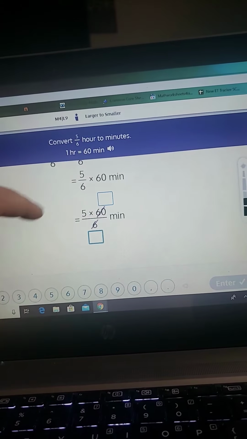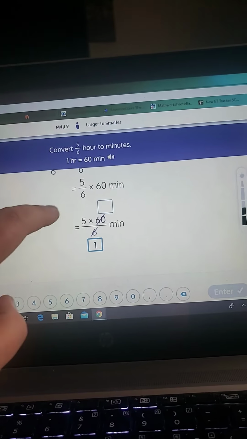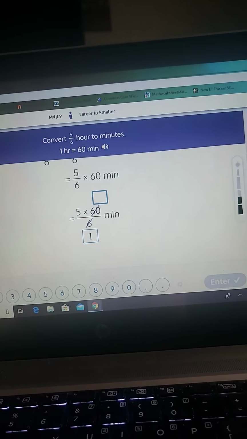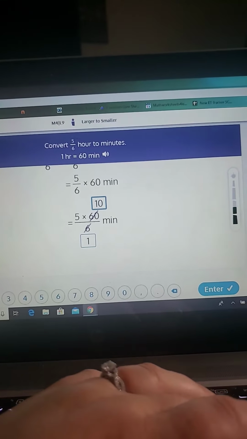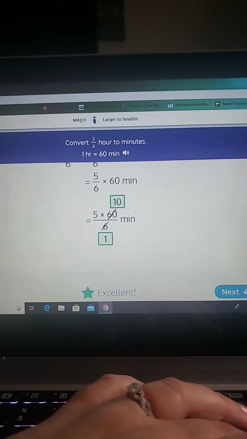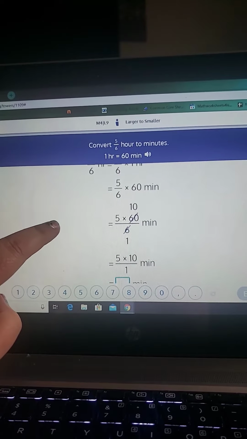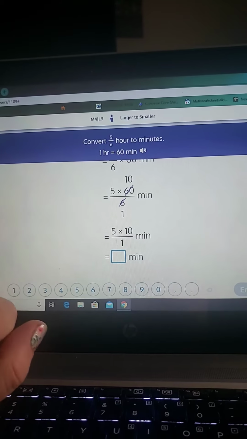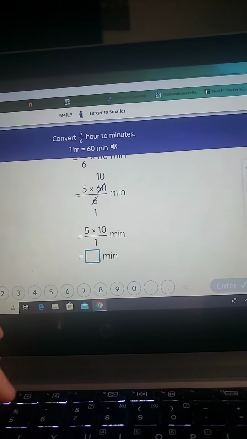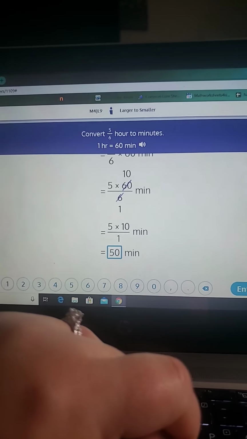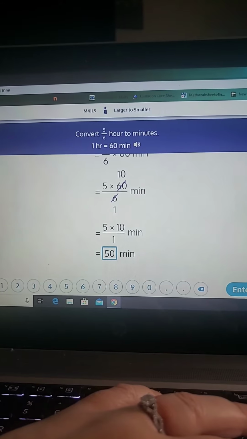And then 6 can go into 6 one time, and 6 can go into 60 10 times. And then we have an easier problem to solve. We will have 5 times 10 over 1. So 5 times 10 is 50 over 1, so 50 divided by 1 is 50.